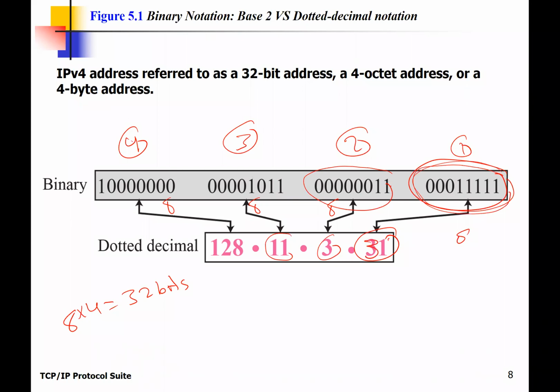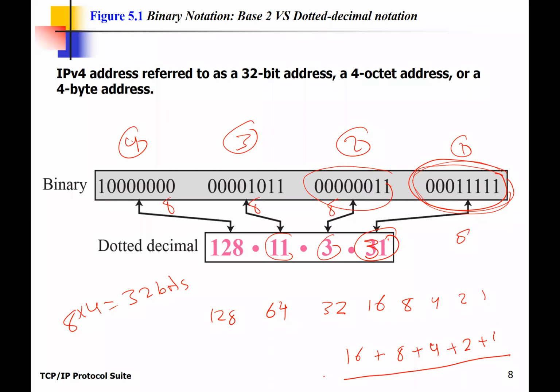All right. So for example, this one, how do I know it's 31? Can you tell me? So it's simply, again, what we do, we write 1, 2, 4, 8, 16, 32, 64, 128. How many? 1, 2, 3, 4, 5, 6, 7, 8. Now we add the ones. Any position that has a 1, we add it. So we have 1 plus 2 plus 4 plus 8 plus 16.